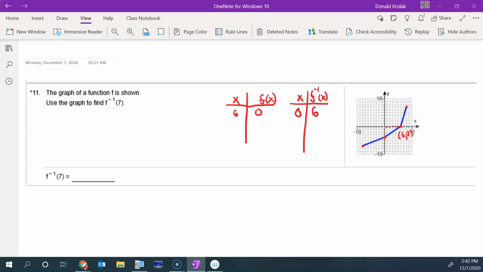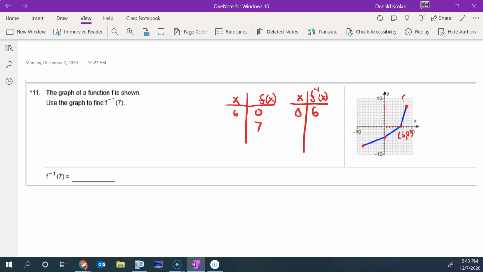All right, so we're finding the inverse of 7. What we're looking for is what value over here has an output of 7, a y value of 7. 1, 2, 3, 4, 5, 6, 7. That's this point right here.